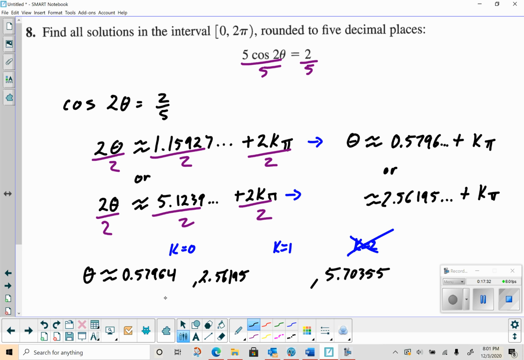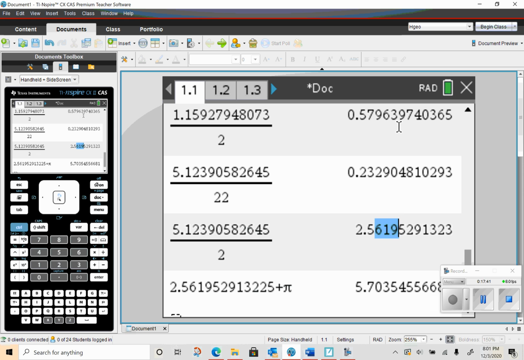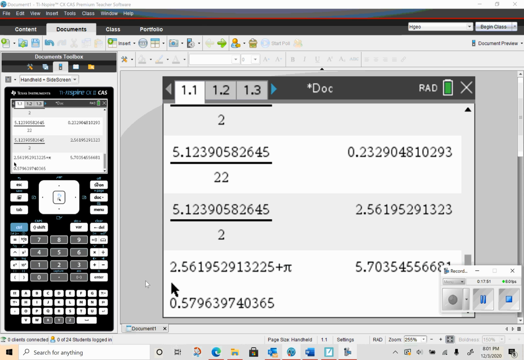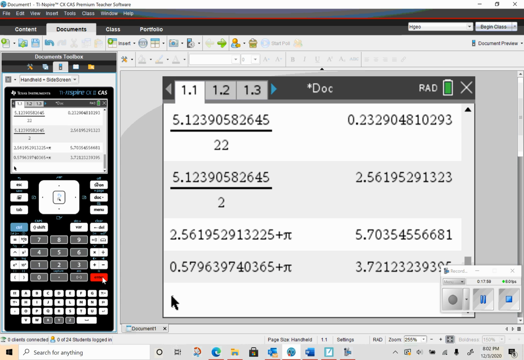And now to that one is what I need to add pi. And take that and add 1 pi. And then round that off. 3.72123.